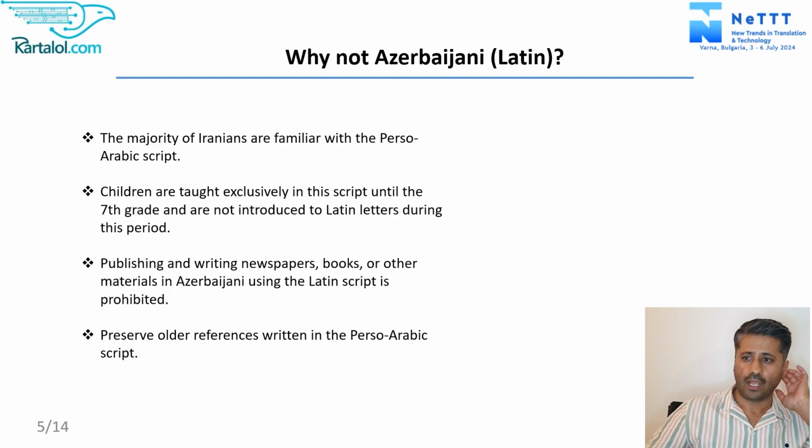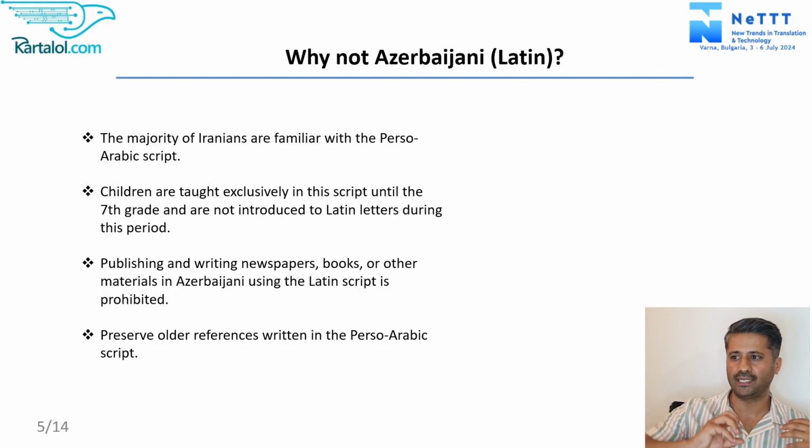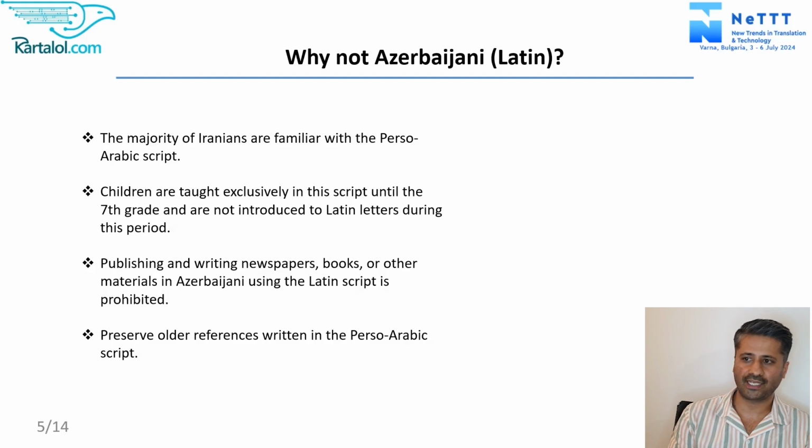Moreover, focusing on Perso-Arabic script helps preserve older references written in this script. So these factors collectively make Arabic script the more appropriate and effective choice for our parallel corpus, ensuring accessibility, legality, and cultural preservation.